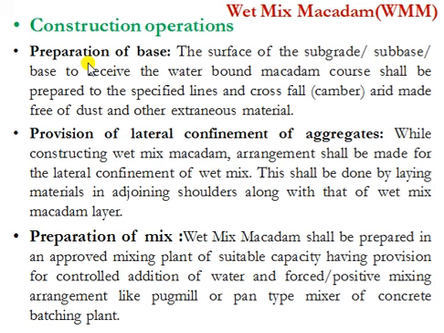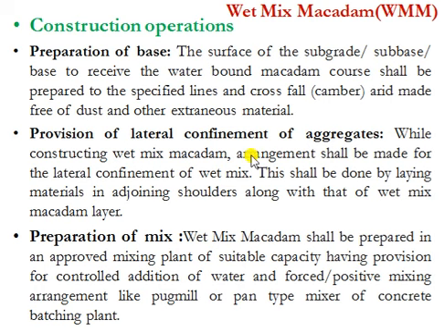The equipment required in the construction of wet mix macadam are a wet mix macadam plant, tippers or dumpers, rollers, water tanks, a paver capable of paving more than 9-meter width, and a survey kit or survey instruments. So these are all the equipment which is required in the construction of wet mix macadam.